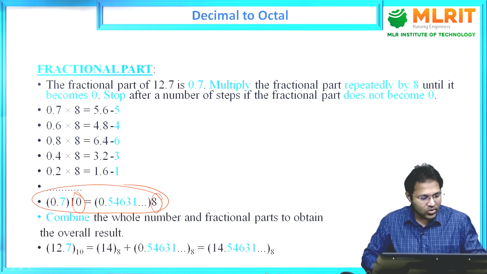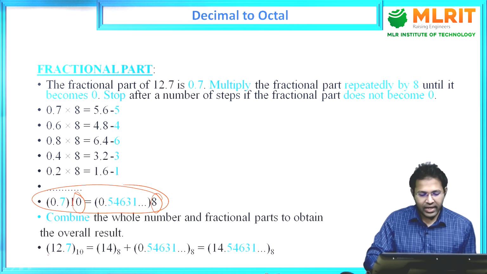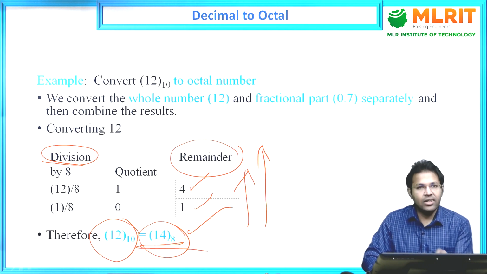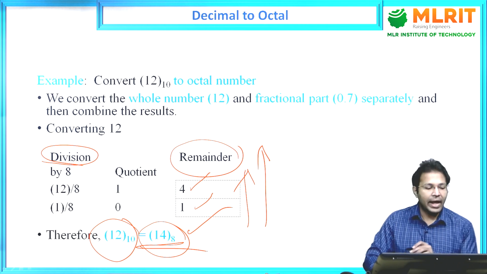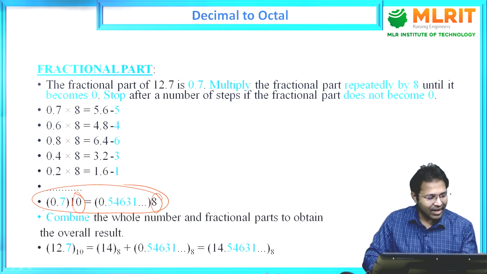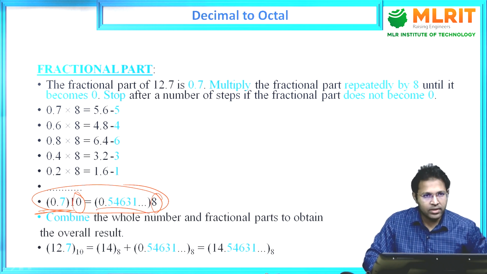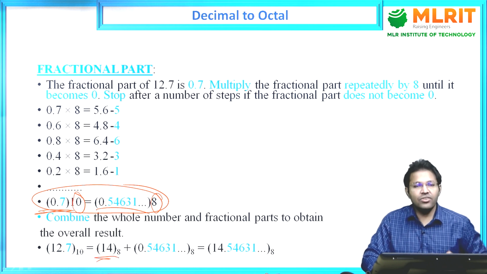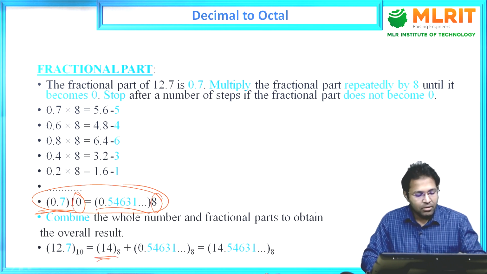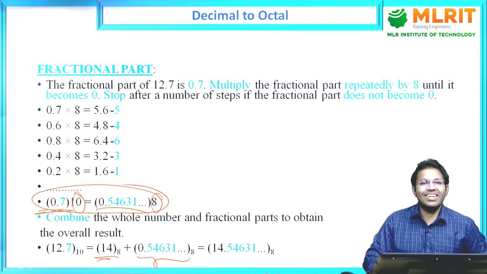Now what we need to do is combine both. 12 we have done in the previous slide. What is the result we got? We got 14. And 0.7 we have done in this slide. What we got? 0.54631. Combine both. 14 which you got in the previous slide, and 0.54631 and so on, which you got in this slide.